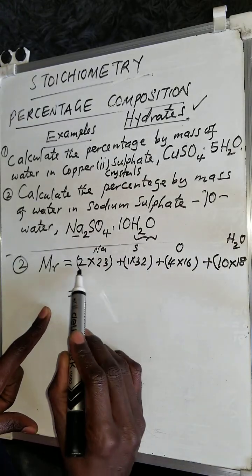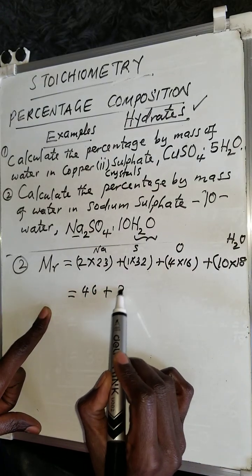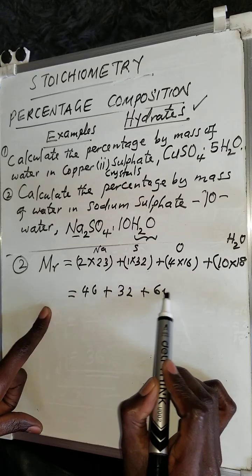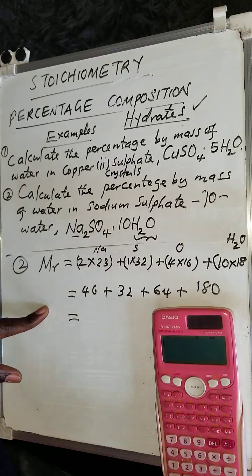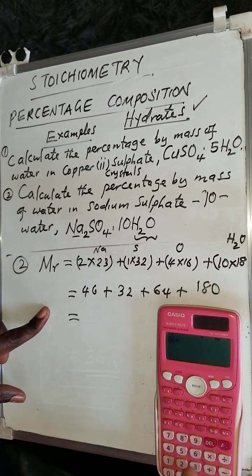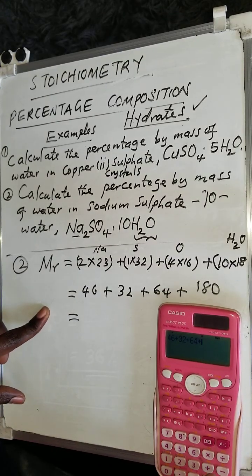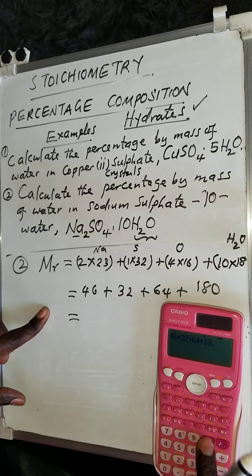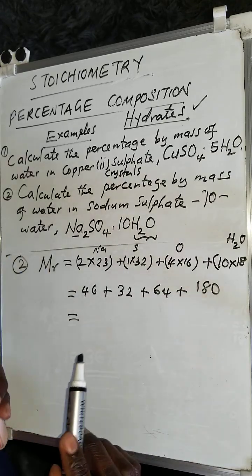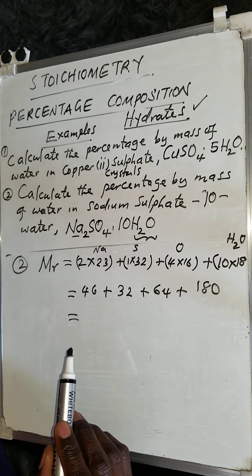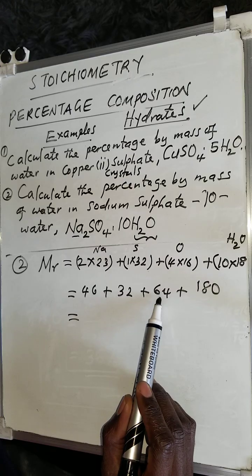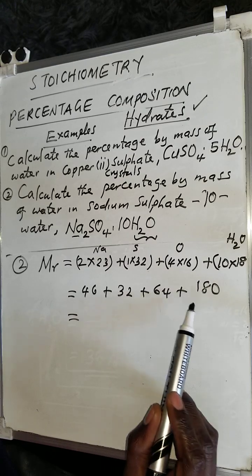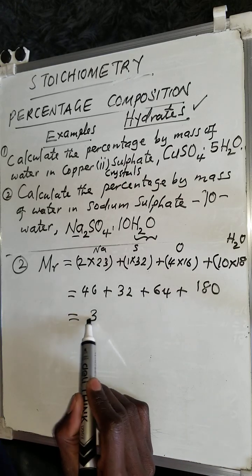So that would be 46 plus 32 plus 64 plus 180. That is giving me 322.